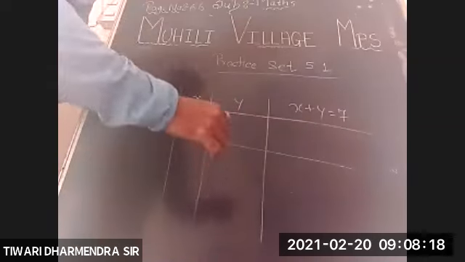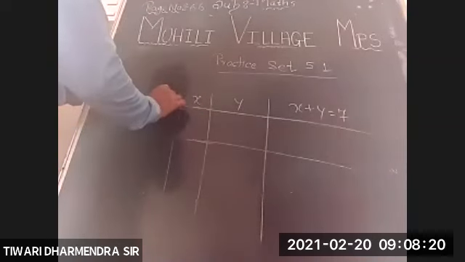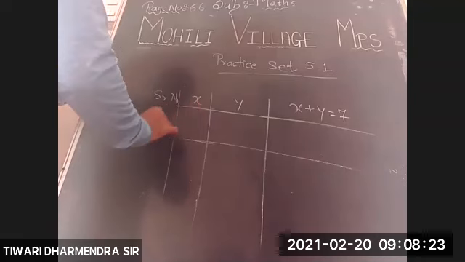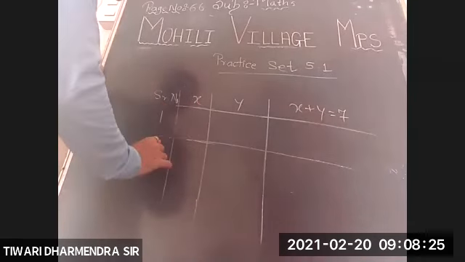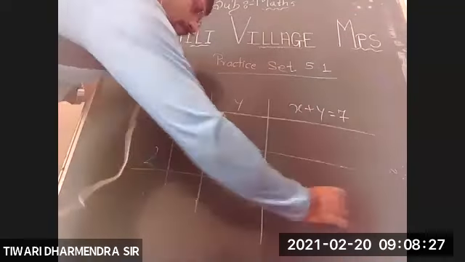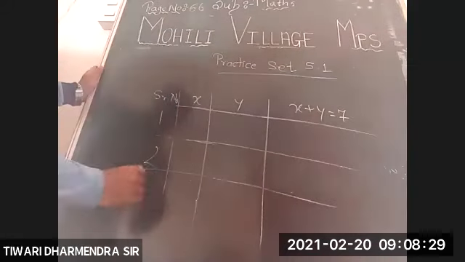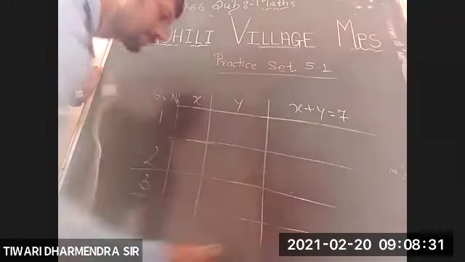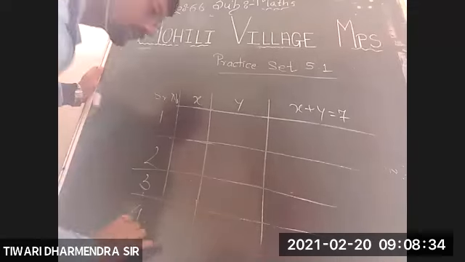Since we want 5 different values, write here serial number. So here you can write 1, 2, 3, 4.